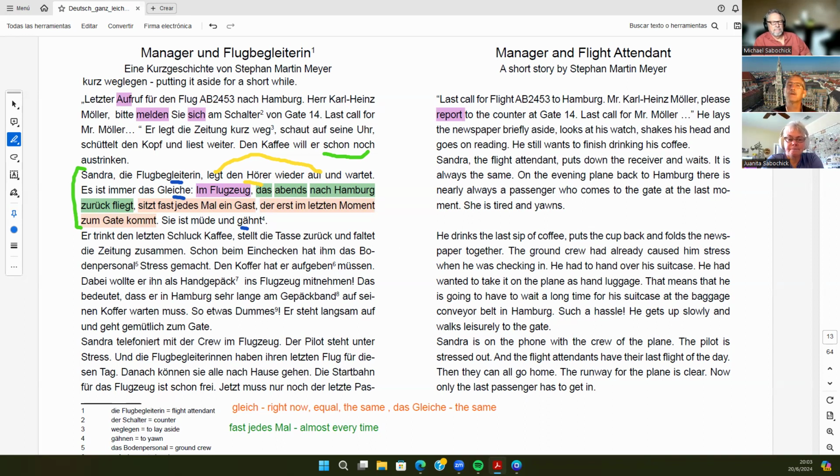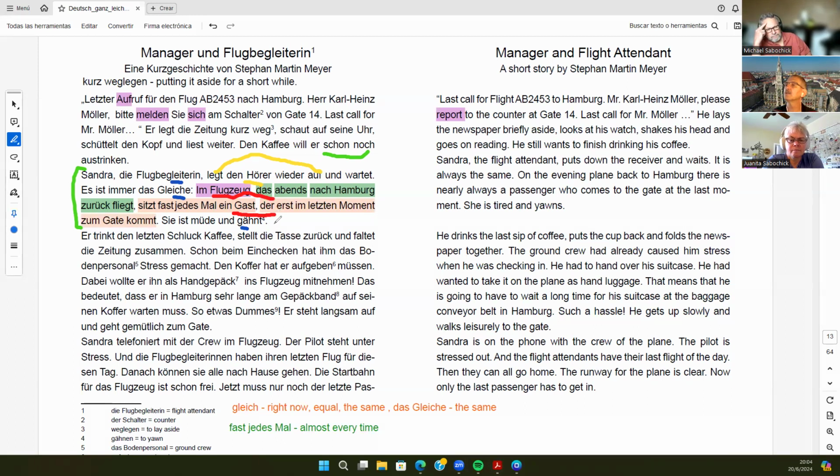So this is something we haven't talked about yet, but which is very important. We have Flugzeug, and then we have a comma, and then we have das. Here we have Gast, we have a comma, and then we have der.